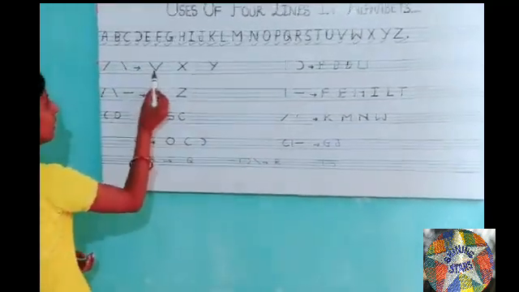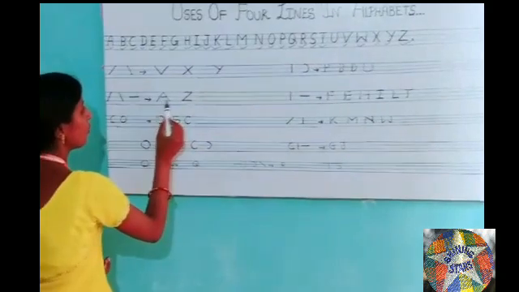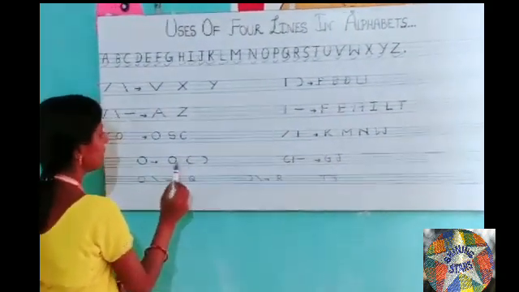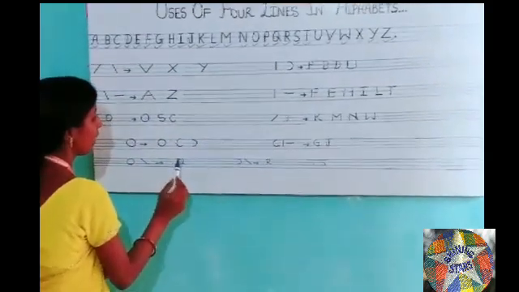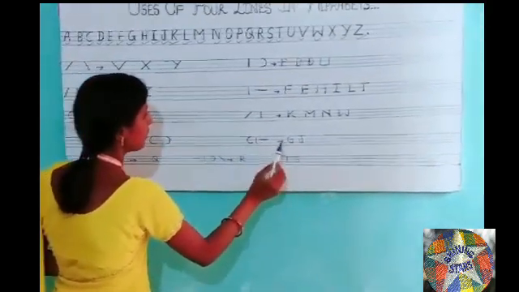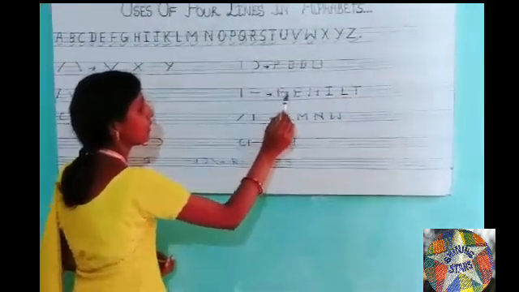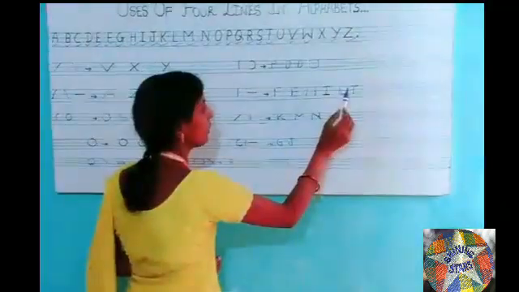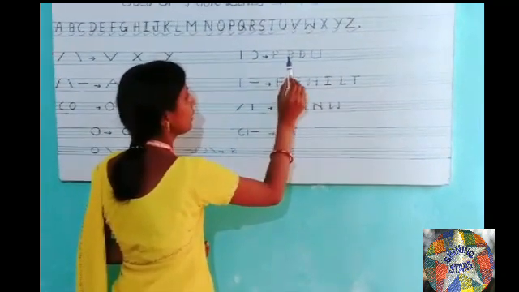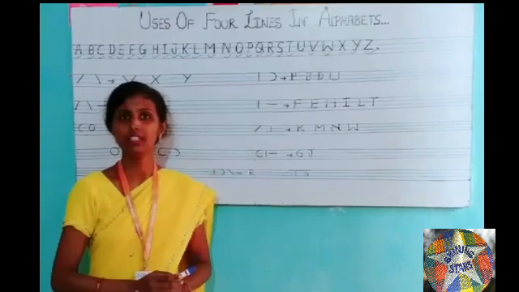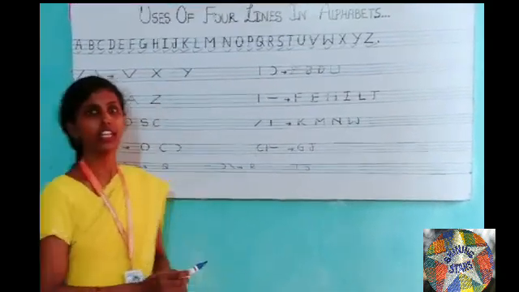Let's see again whether we have done 26 letters or not. Count it here. 1, 2, 3, 4, 5, 6, 7, 8, 9, 10, 11, 12, 13, 14, 15, 16, 17, 18, 19, 20, 21, 22, 23, 24, 25 and 26. How many letters have we done? 26 letters in the alphabet.